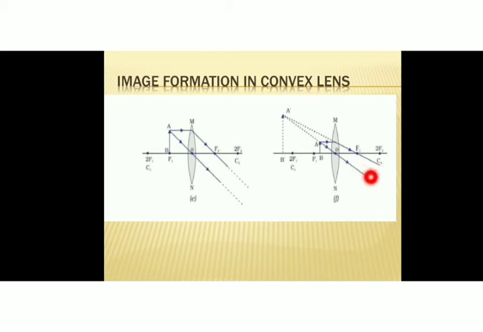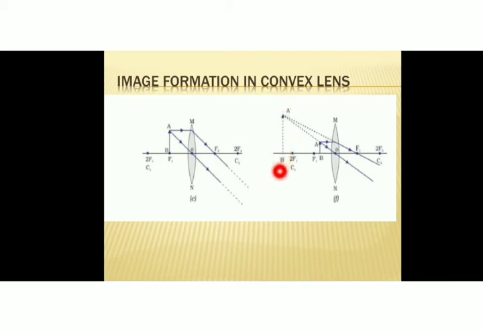So what we do, we extend the refracted rays backwards. First we extend this refracted ray backwards, then extend this refracted ray backwards. These two dotted lines intersect here, and here we assume our image is located, and it is denoted by A'B'.